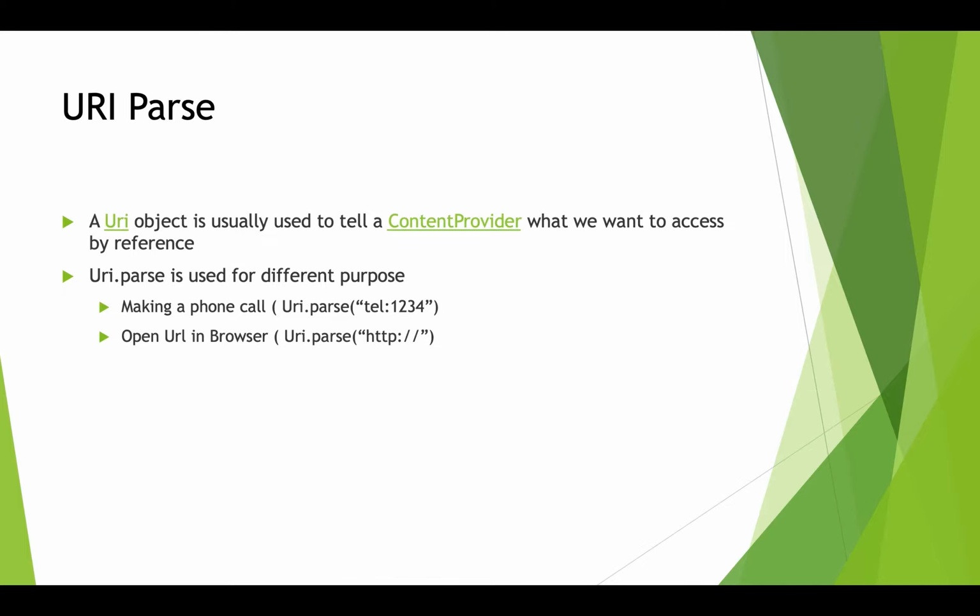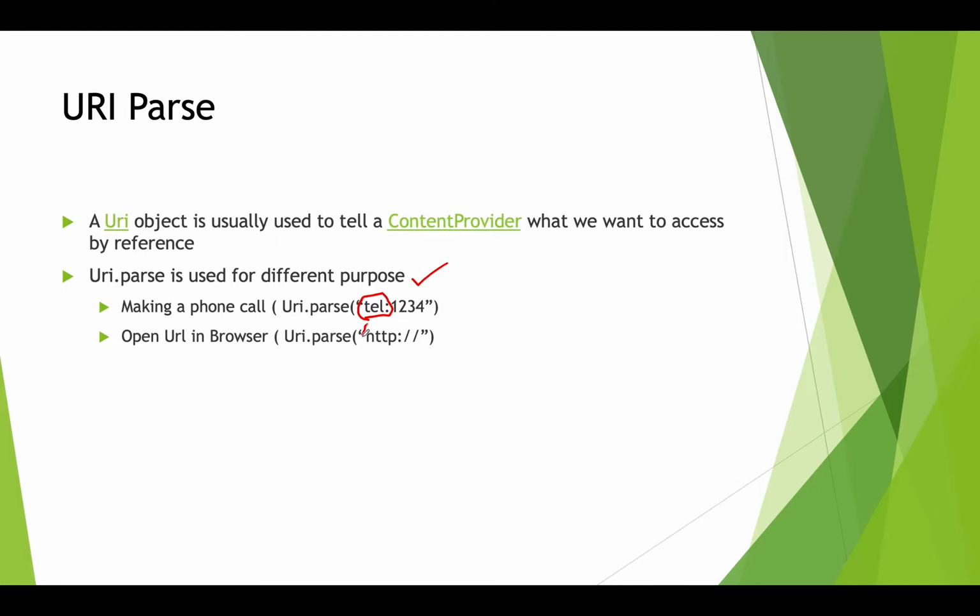How does this URI parsing look? We define schemas. URI parsing is used for different purposes. For example, I am giving two things: one for making a phone call, one for opening a URL in the browser. If you want to call something, tel colon is called a data schema.